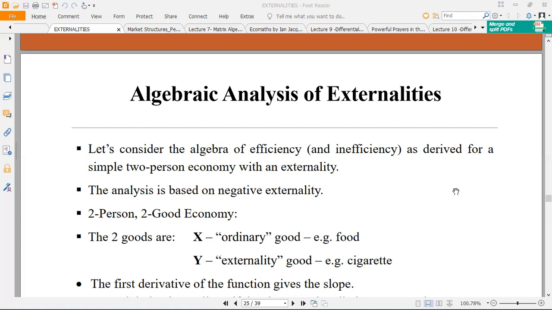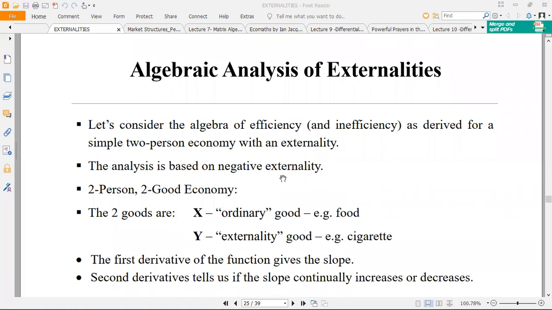Okay, so we are assuming that we have only two people in this economy, just two individuals. And then the analysis will be based on a negative externality. So this is the case where maybe the consumption of a good by one individual will have a negative effect on the other person, or will reduce the well-being of the other person.